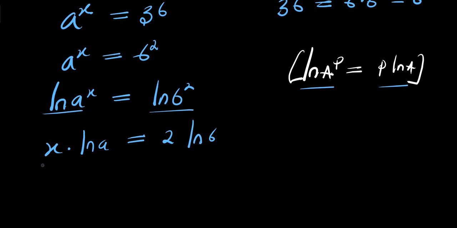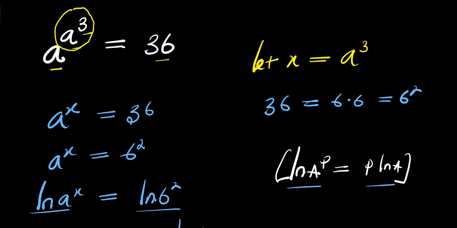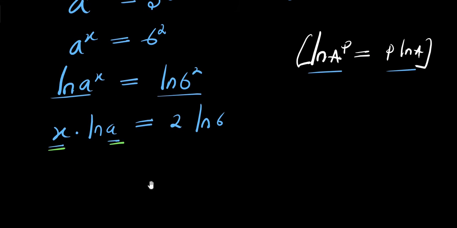Then observe that we have x and a, two different variables. So to ensure that these two variables are the same, we consider this equation here, x equals a^3.